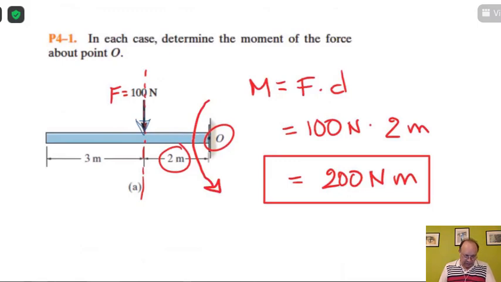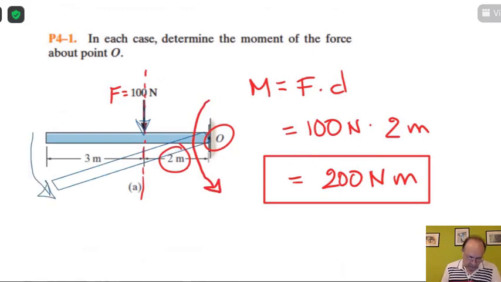And it's easy to see that if the force is strong enough or the beam that is showing there is kind of weak, it will rotate like this about point O, right? There will be some kind of rotation in this direction. So this is a problem where you can see the effect of the moment very clearly. The moment is trying to produce a rotation about a point.